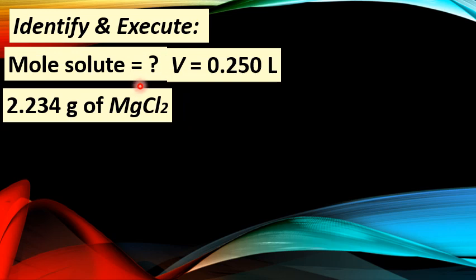In question number 1, we are asked to find the molarity of the 0.250 liter solution containing 2.234 grams of magnesium chloride. And finding the molarity requires us to determine first the number of moles of the solute.